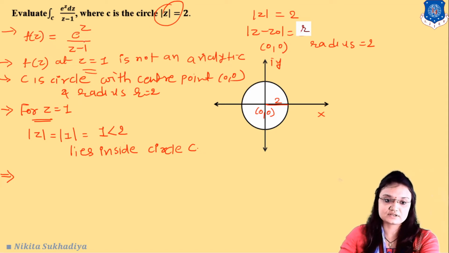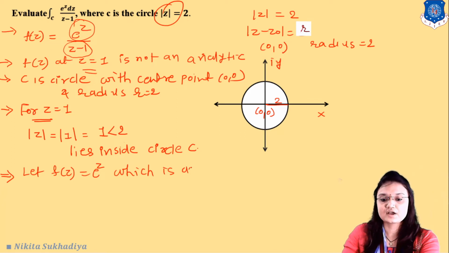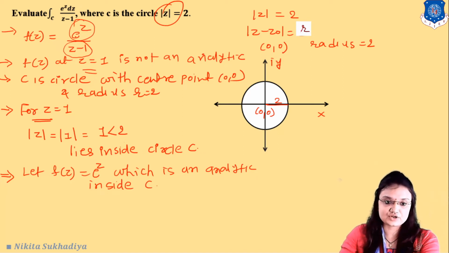Except z minus 1, let function f of z is equal to e raised to z, which is analytic inside circle C. Except z minus 1, f of z is equal to e raised to z only, which is analytic inside the circle C. But if we have e raised to z upon z minus 1, then at z is equal to 1 our function is not analytic, but only if we have f of z is equal to e raised to z, which is analytic inside the circle C.